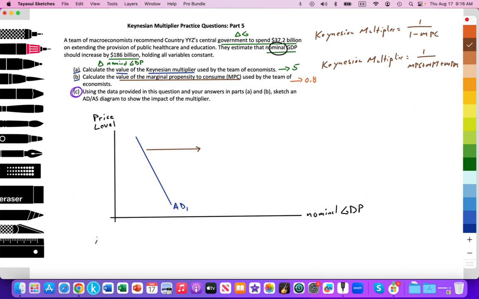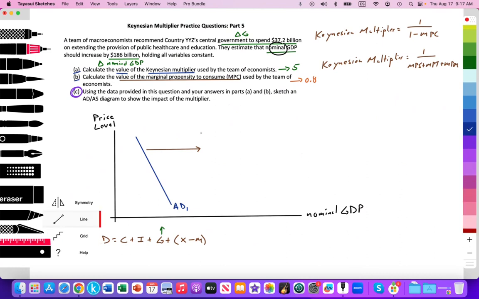And we know that because aggregate demand is equal to consumption spending plus investment spending plus government spending plus spending by foreigners, which is represented through the exports minus imports bracket. And the question is saying that government spending is going to increase, so that's going to cause AD to shift out. So it shifts out from AD1 to AD2.